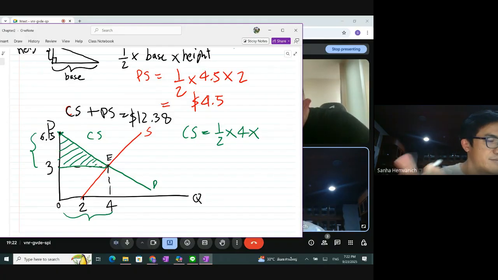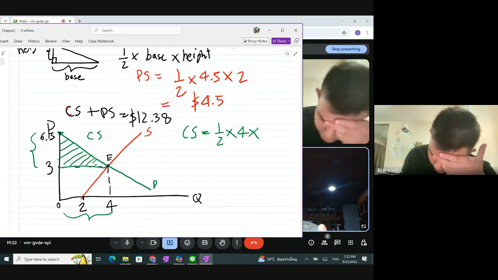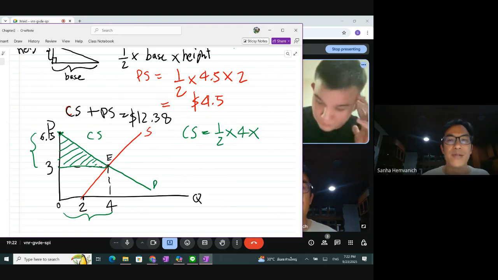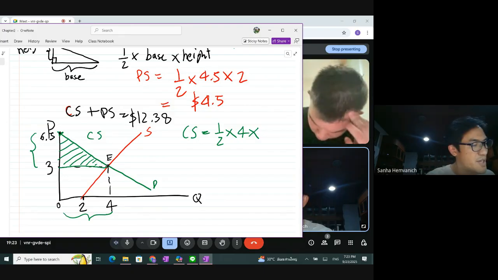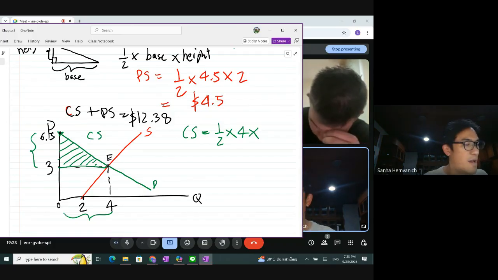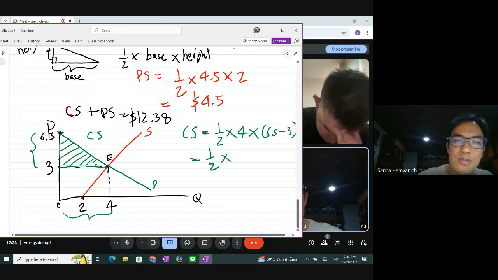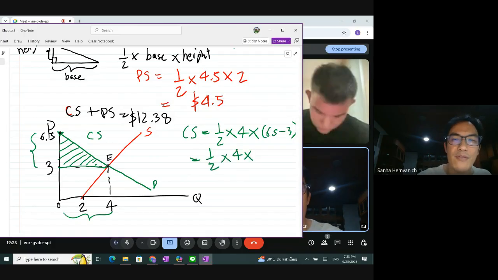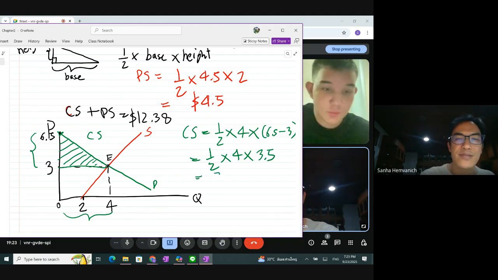I think that is the same calculation we have done before, right? Yeah, slightly different because the equilibrium Q is 4 instead of 4.5. But anyway, it is 1/2 multiplied by 4, multiplied by the difference 6.5 minus 3. So 1/2 times 4, and then you have 3.5, and that is 7.